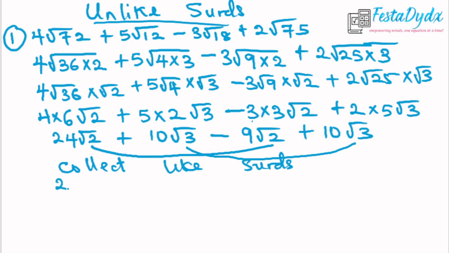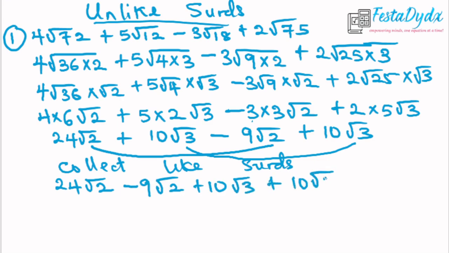Now 24 root 2 and minus 9 root 2 are like, so we're going to bring them together, minus 9 root 2. Then we'll have plus 10 root 3 plus 10 root 3. So now we're going to subtract these two and then add these two together.